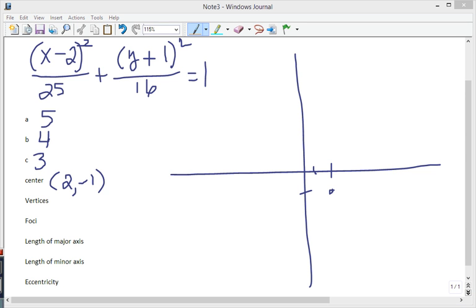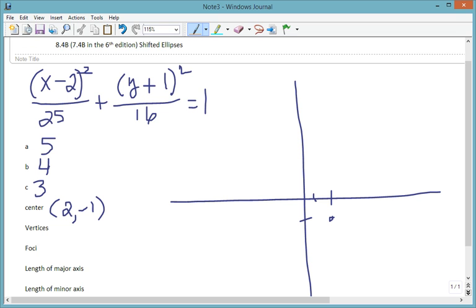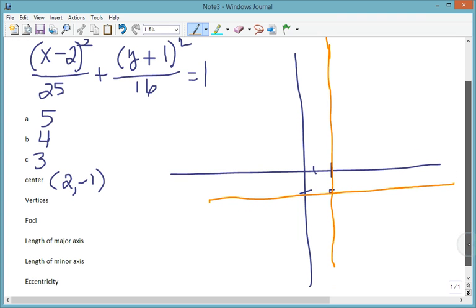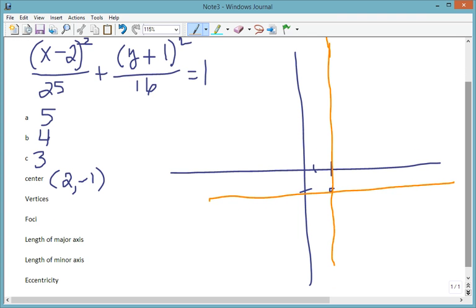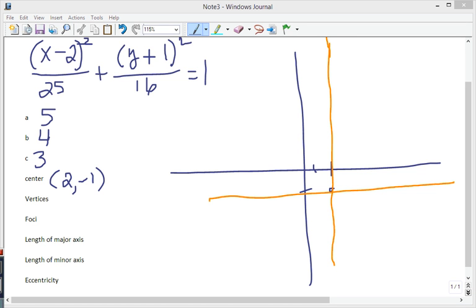In fact, I'm just going to draw a new set of axes, right? So going right through that point, I'm just going to draw a new set of axes. So now I'm going to do all the same things I did before, but on my new set of axes, right? So from 2, -1, I'm going to go over A.